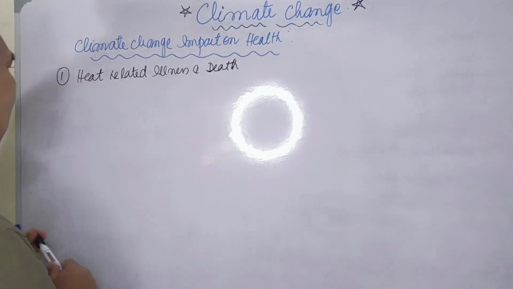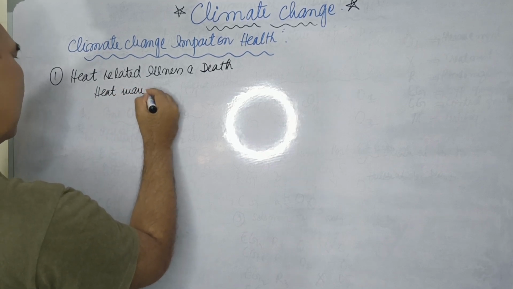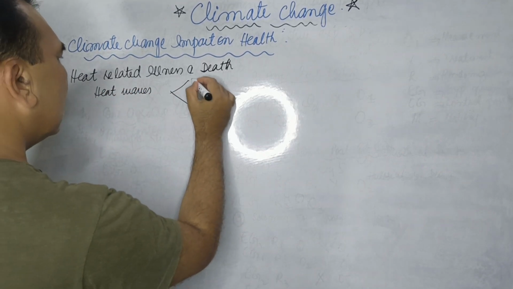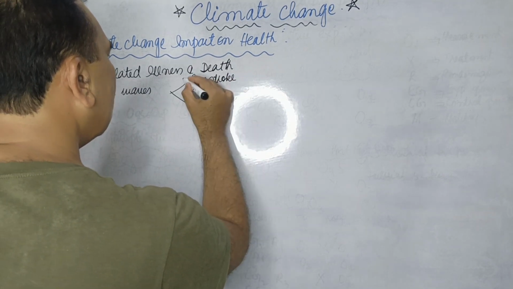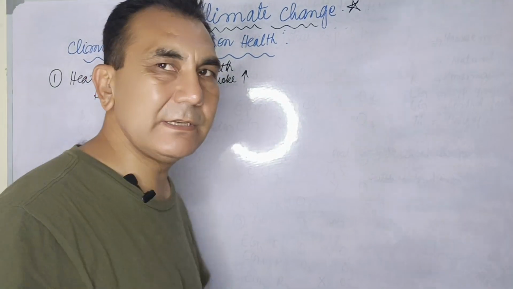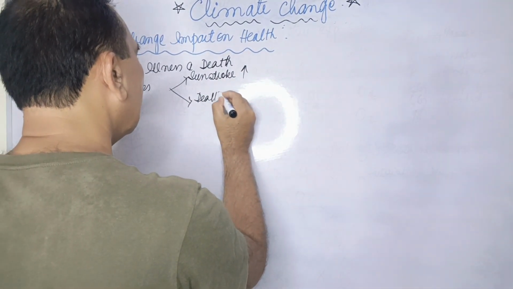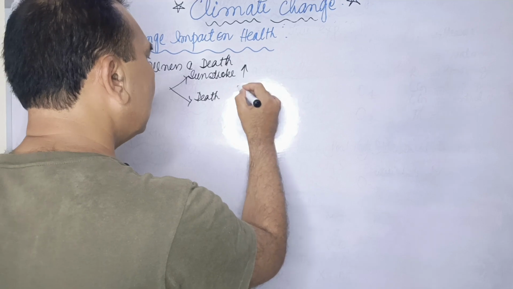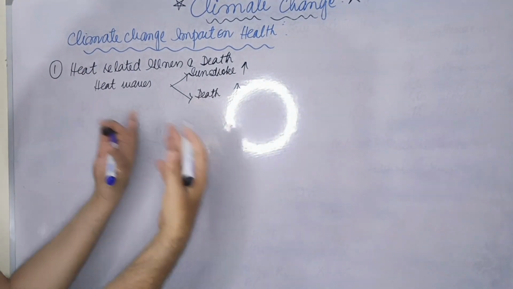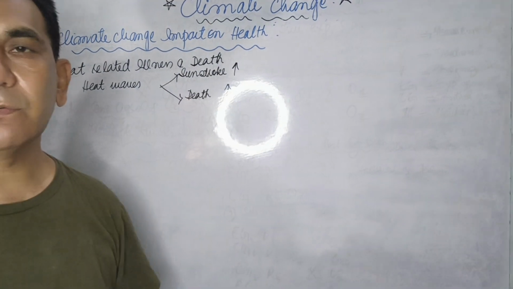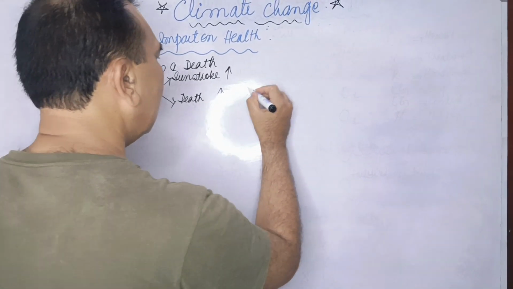So heat waves will increase sunstroke illnesses, and the second one is death. The death and sunstroke cases or incidents will increase due to the increase of the temperature or the global temperature.